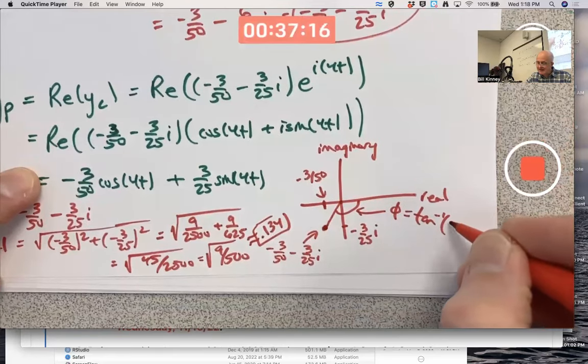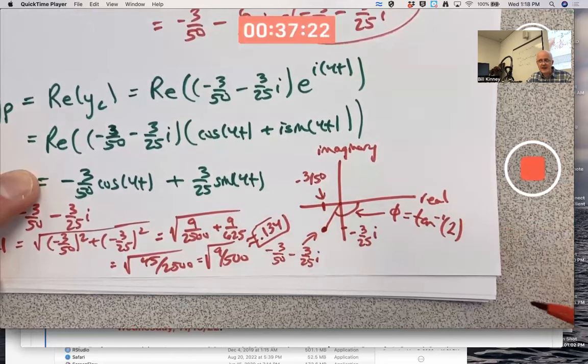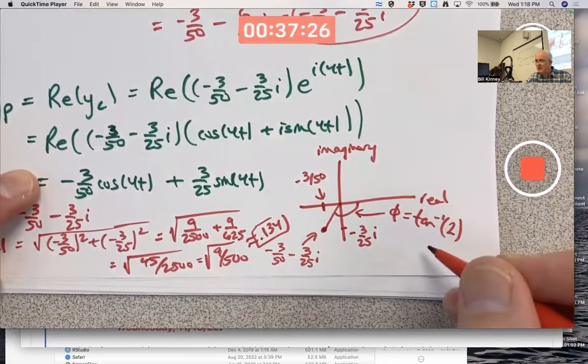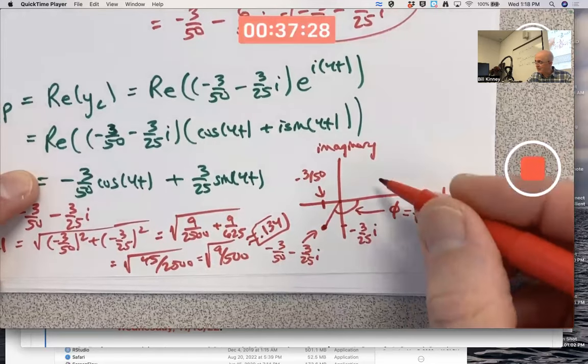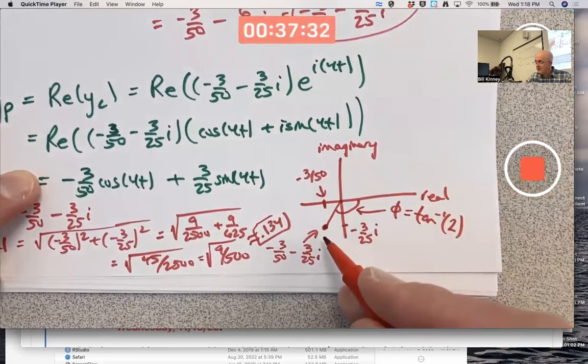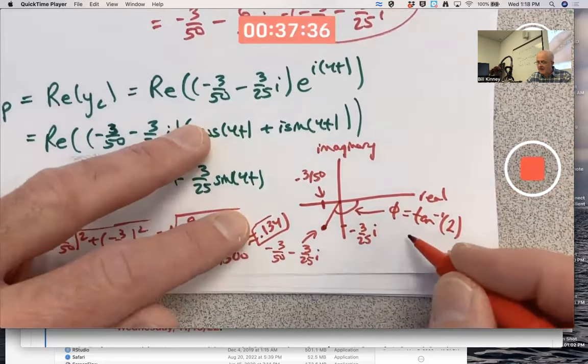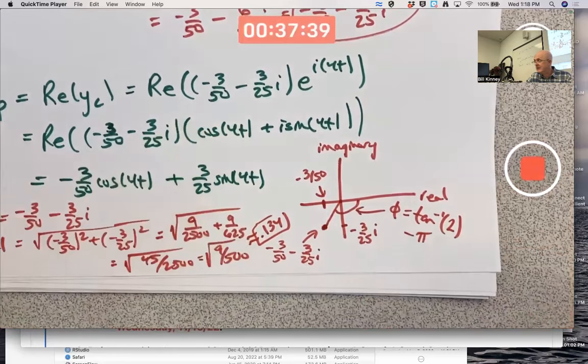I'm just using trigonometry there. Draw some triangles, you'll see it. However, that's not quite right, because inverse tangent always gives you an output in the first or fourth quadrant. Our point is in the third quadrant of the plane. So to get to that angle, I need to subtract pi, 180 degrees, from this.